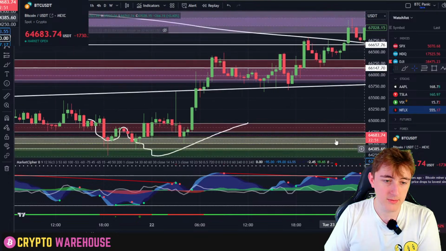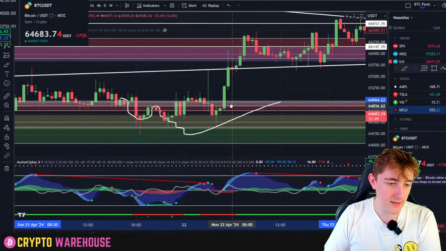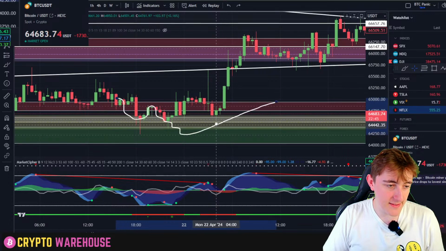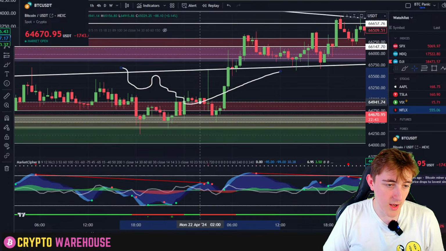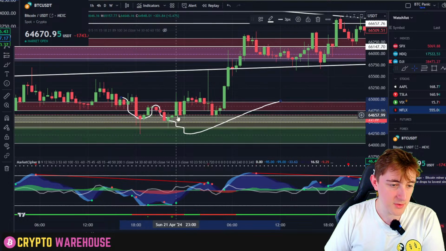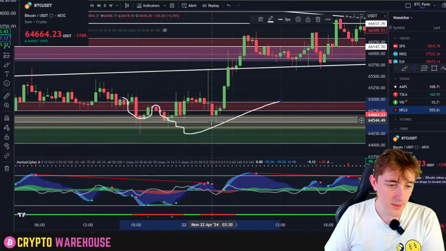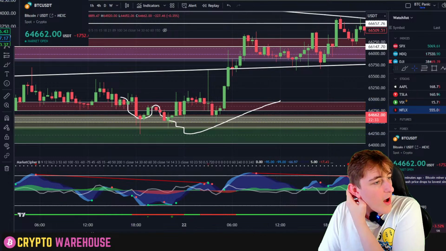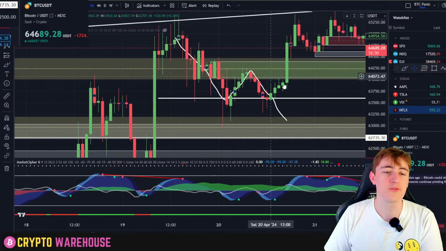If I display this a bit, you can see we had this part over here pretty accurate. We had the bounce coming down here, but regardless, we did have the move upwards, which was the whole shebang of what I drew anyway.